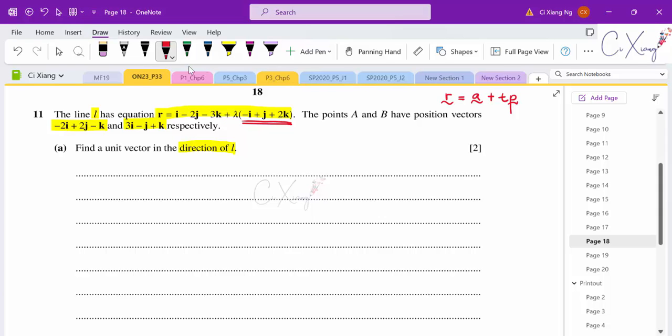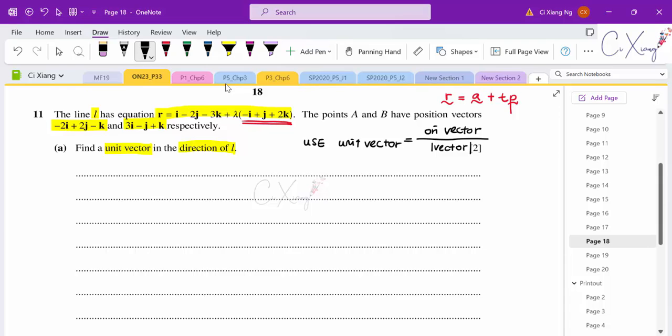How are we going to find the unit vector? There's a formula to follow: unit vector equals the original vector divided by the magnitude of the original vector.